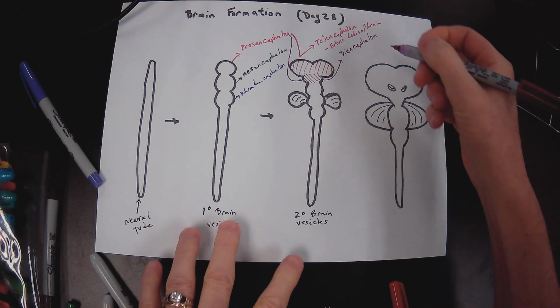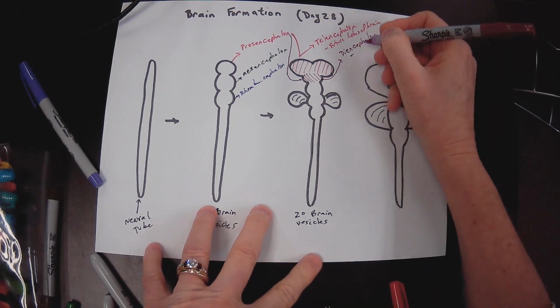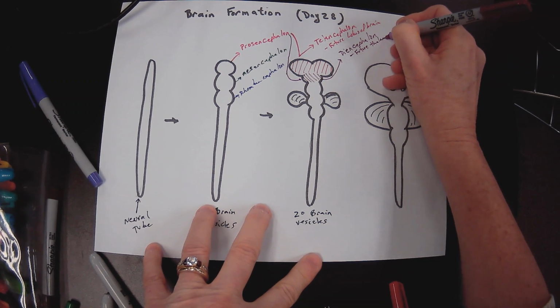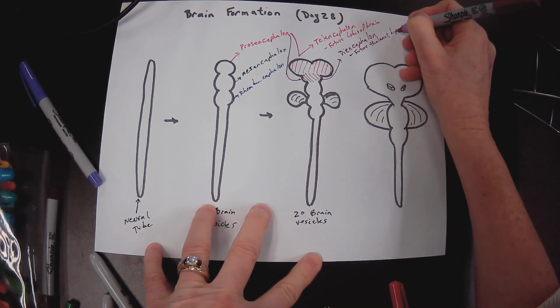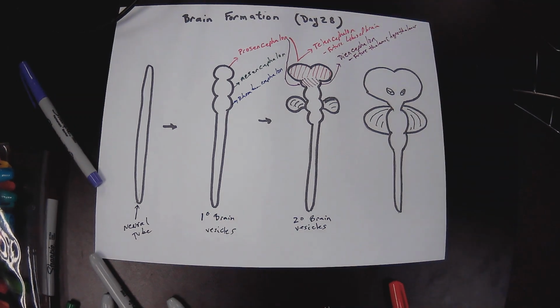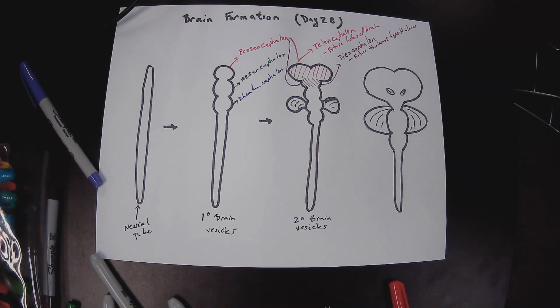And your diencephalon houses the future thalamus and hypothalamus. So both the brain cortical region as well as your thalamus and hypothalamus come from the primary brain vesicle, the prosencephalon. Prosencephalon splits into the telencephalon, cortical region, and the diencephalon, which is thalamus and hypothalamus.